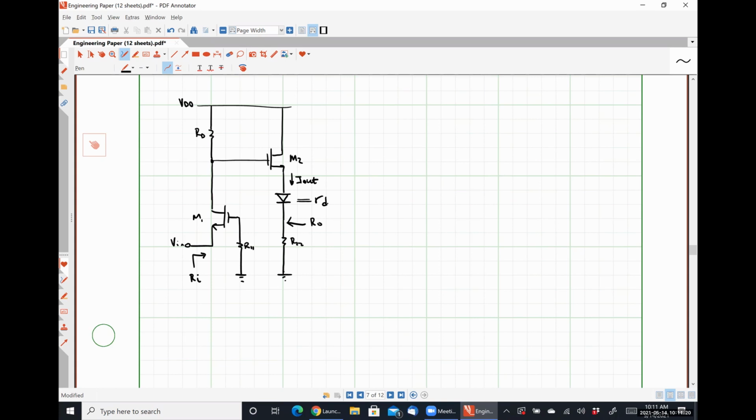Okay. So I can break this guy again into two stages. Effectively, if I have more than one transistor, that's going to happen a lot. I'm going to call this voltage Vx. And so I'm going to have a transfer function that is Vx over Vin times I out over Vx.